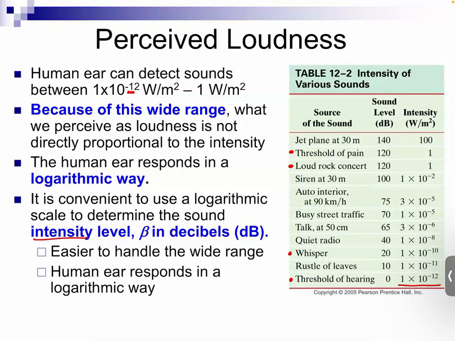We were talking about intensity earlier, measured in watts per meter squared, but it's easier to deal with sound in terms of intensity level. Intensity level is referred to as beta, and it's measured in units of decibels. It is the logarithmic counterpart of intensity.